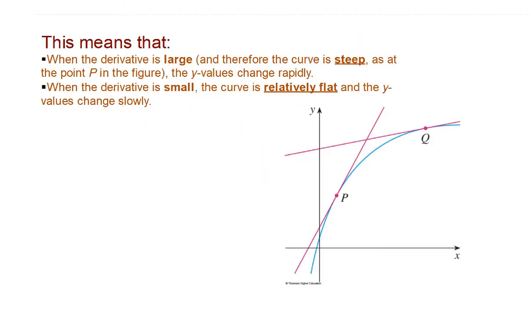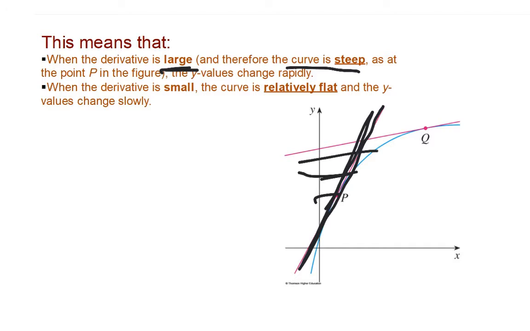And looking at a picture of what that means is that when the derivative is large, the curve is steep. So this is a large derivative, a large number. Your curve is steep at the point P in the figure. So your y values are changing rapidly. They're clustered farther apart.